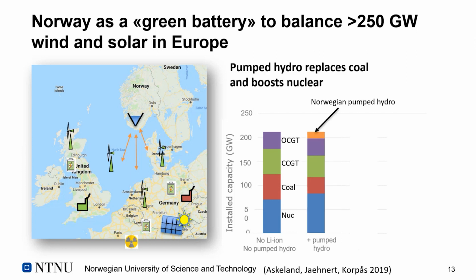Then we add the possibility to invest in pumped hydro with assumed costs for cables and installation of reversible turbines and building tunnels between existing lakes. We see that Norwegian pumped hydro replaces some of the coal and boosts a little bit of the nuclear.